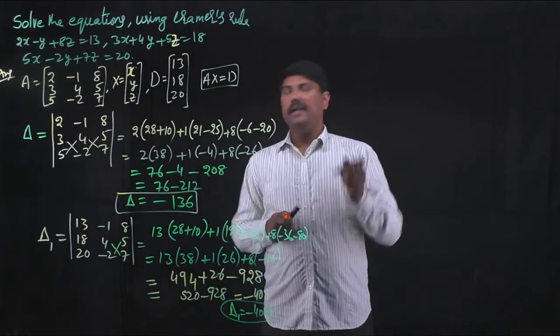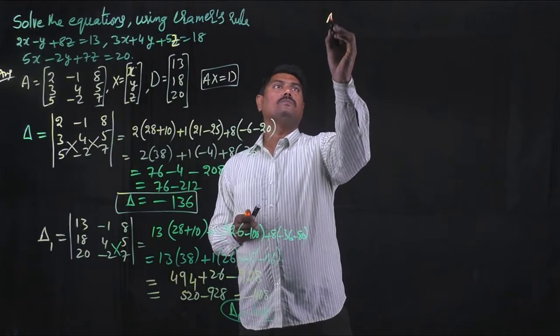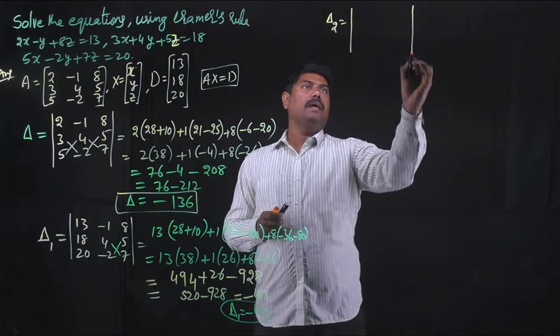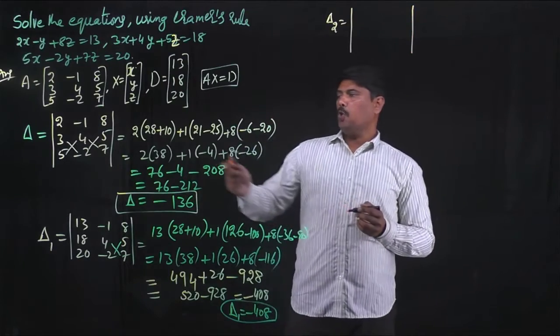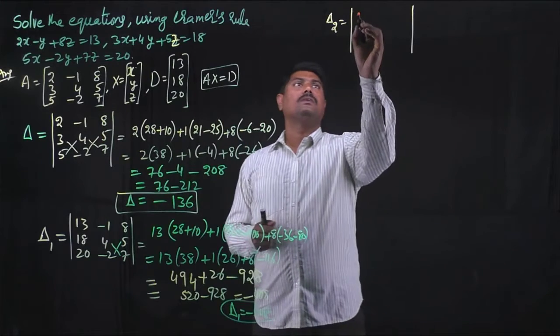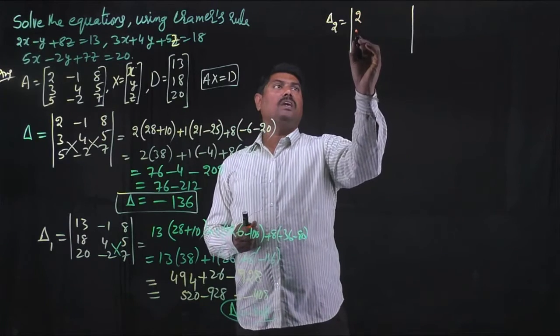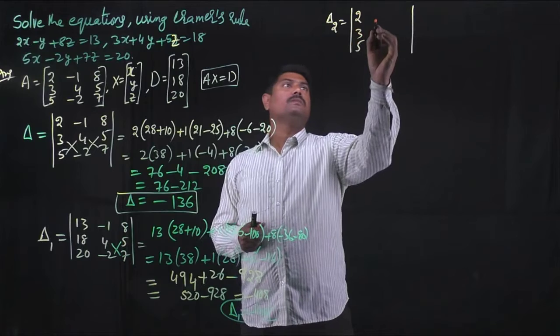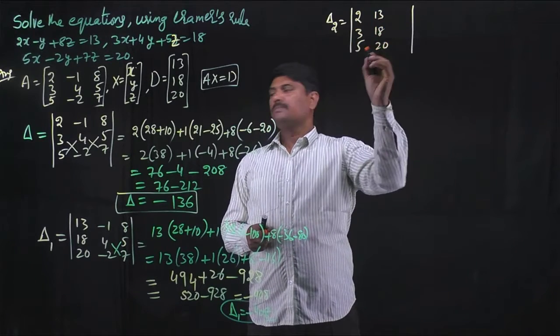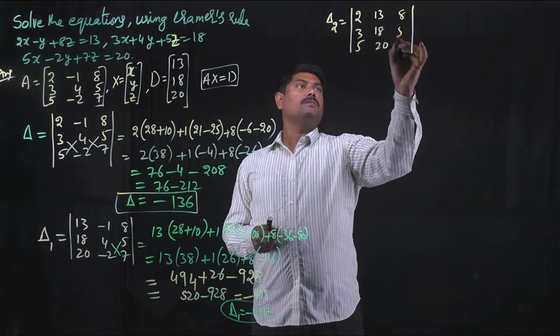Now finding delta 2. So this is another determinant. Replacing the coefficient matrix second column with the constant matrix. You have 2, 3, 5 as the first column, second column 13, 18, 20, third column 8, 5, 7.